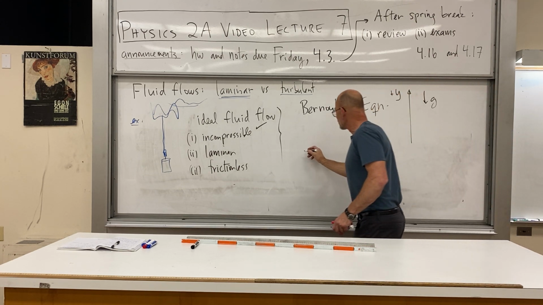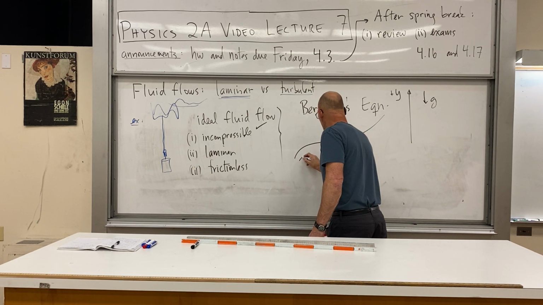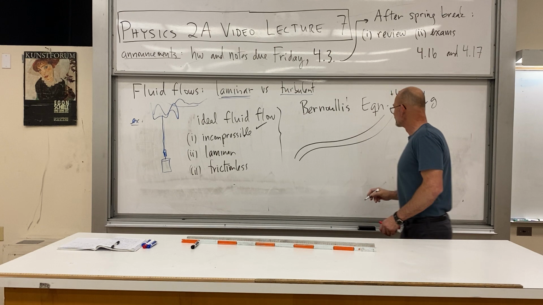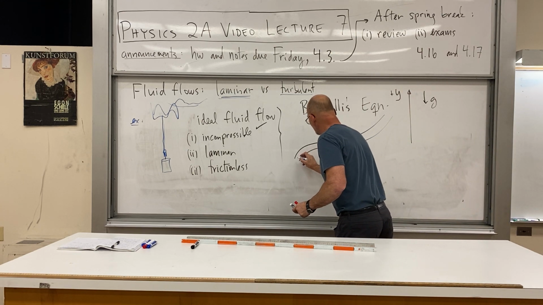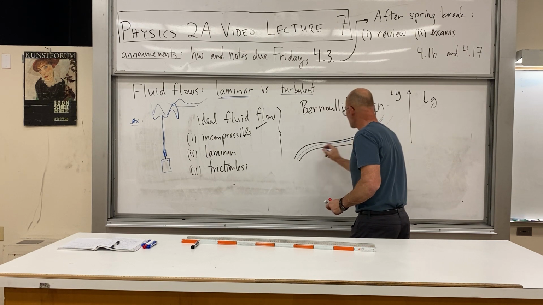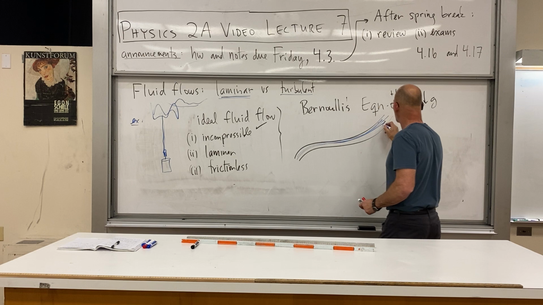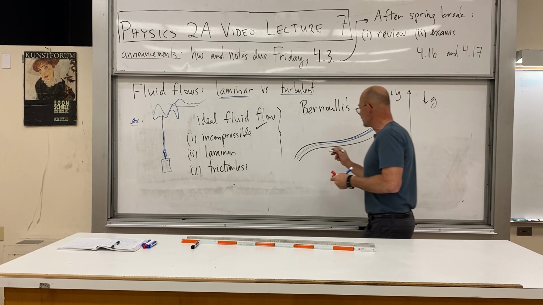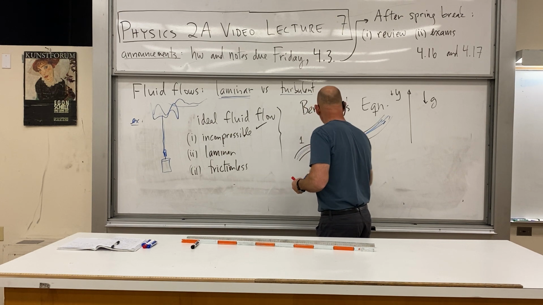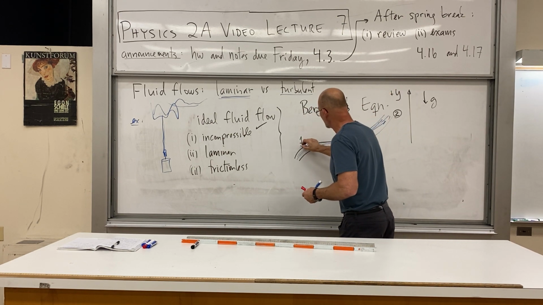And we're going to consider a laminar flow. You can imagine through a tube or something. But it doesn't have to be through a tube. So we're getting a laminar flow here. Okay. And we take a point and call it 1. I could do A and B as well. Have another point and call it 2.